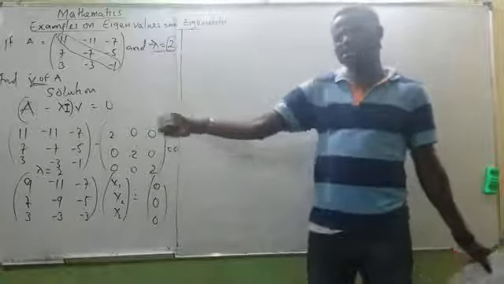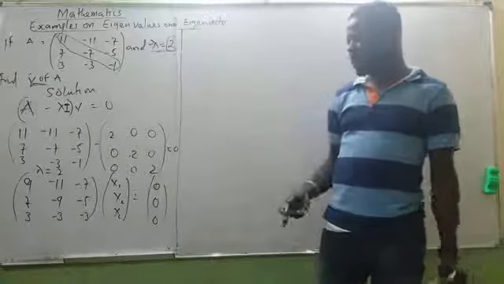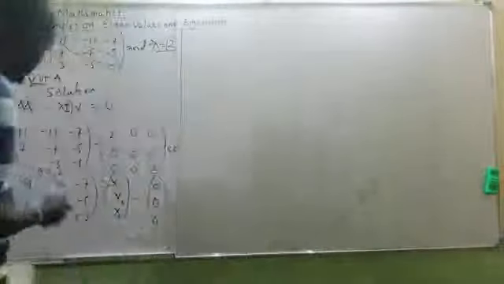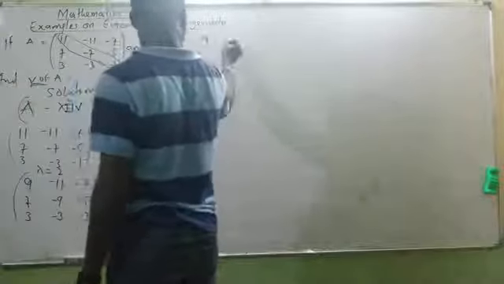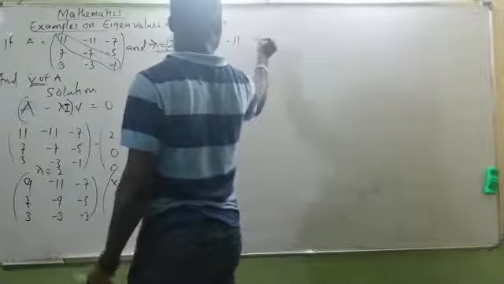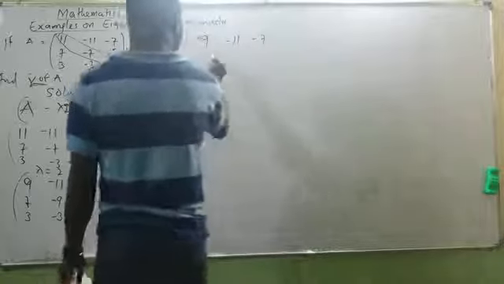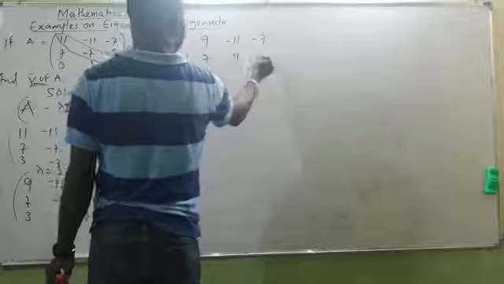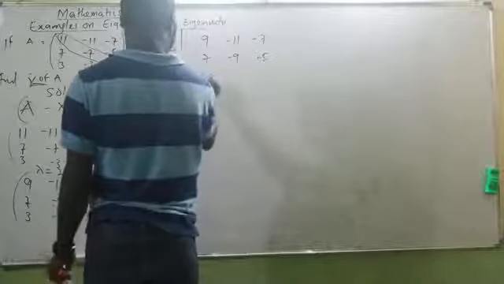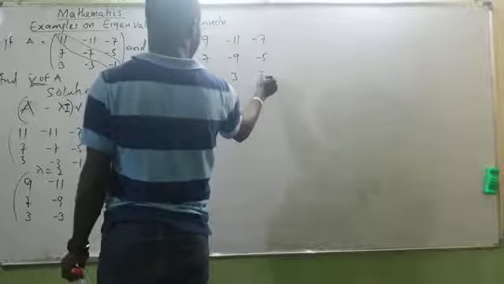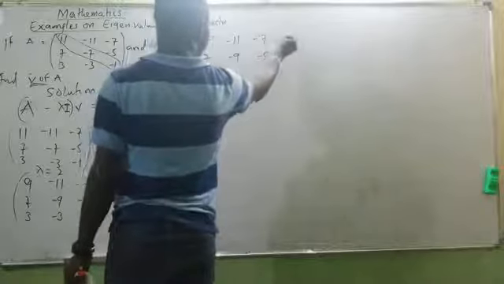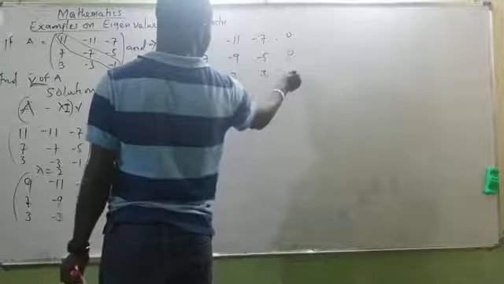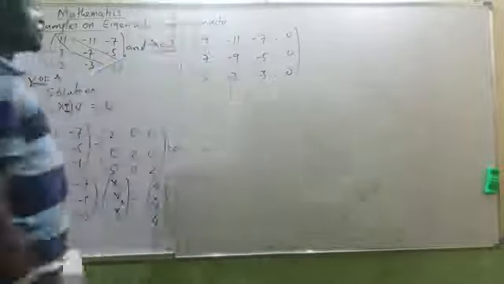But I'm used to the Gaussian elimination method, which is very good for me. I will make the augmented matrix with minus 9, minus 5, 3, 3, and 3, augmented.